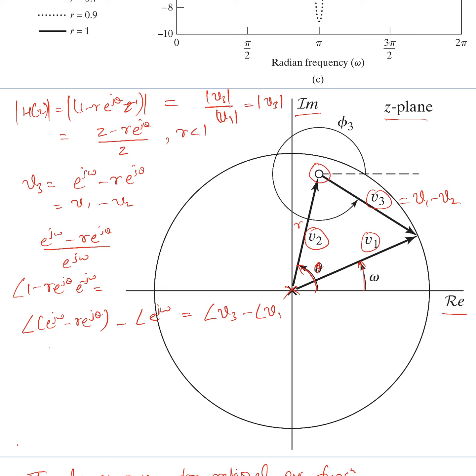The angle of v3, from the horizontal axis in the anti-clockwise direction, is phi 3. For v1, let's say it is some phi 1, although we know it is omega, so I can write it as phi 3 minus phi 1, where phi 3 we had seen on the vector plot how it is computed, but phi 1 is nothing but your omega, measured from the horizontal axis, right?